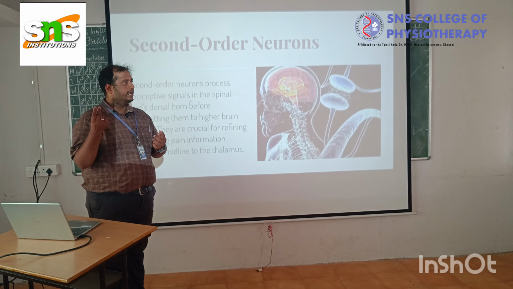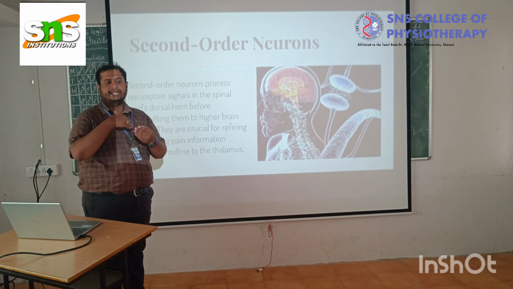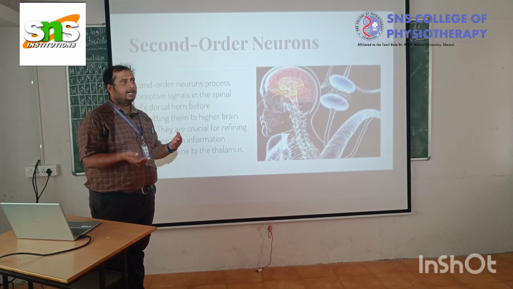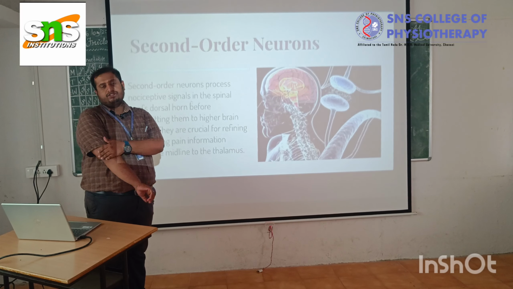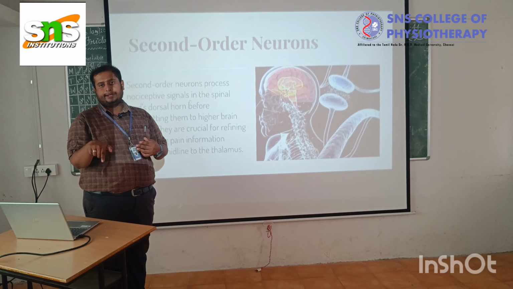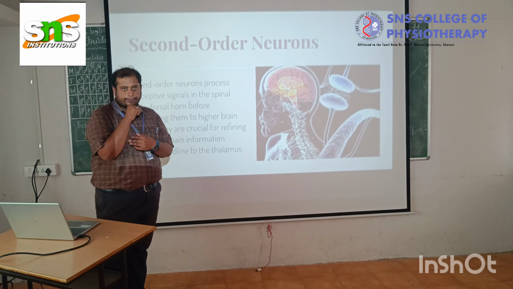It happens in a single fraction of a second. The brain perceives the pain and delivers the message of what should be done. If the pain is because of spasticity or joint movement, then the brain commands the area not to move. Then it's called a protective mechanism.